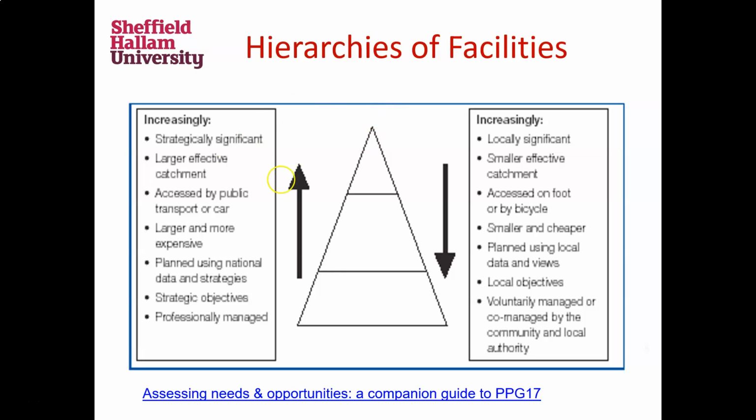Now, as we move down the hierarchy, we can see that these facilities become increasingly locally significant with smaller effective catchment areas. So if the Peak District as a natural resource has a huge catchment area, a swimming pool has a relatively small catchment area.